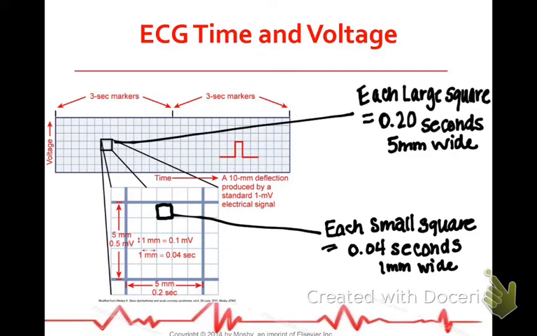And then each large square is 0.20 seconds, or 5 millimeters wide. You have your 3-second markers here. That's often a way to tell if you've got a 6-second strip. Alright, so I just highlighted your 3-second markers and then wrote on there 6-second strip.